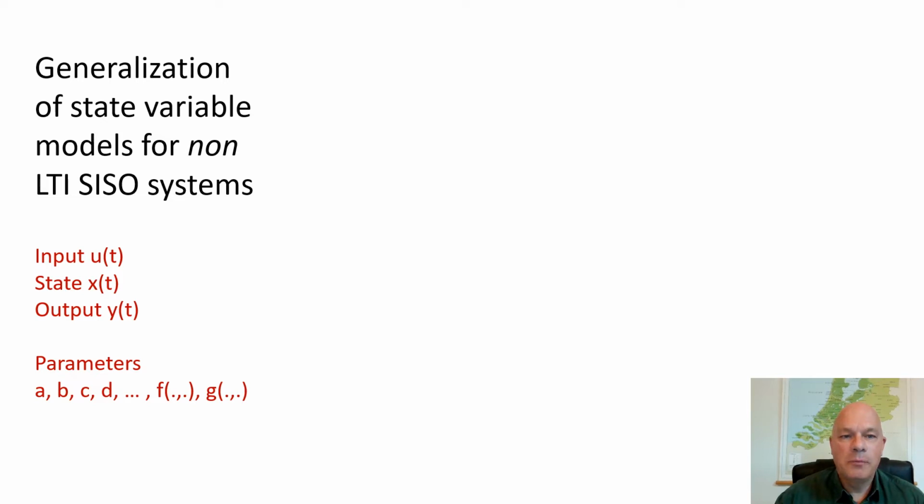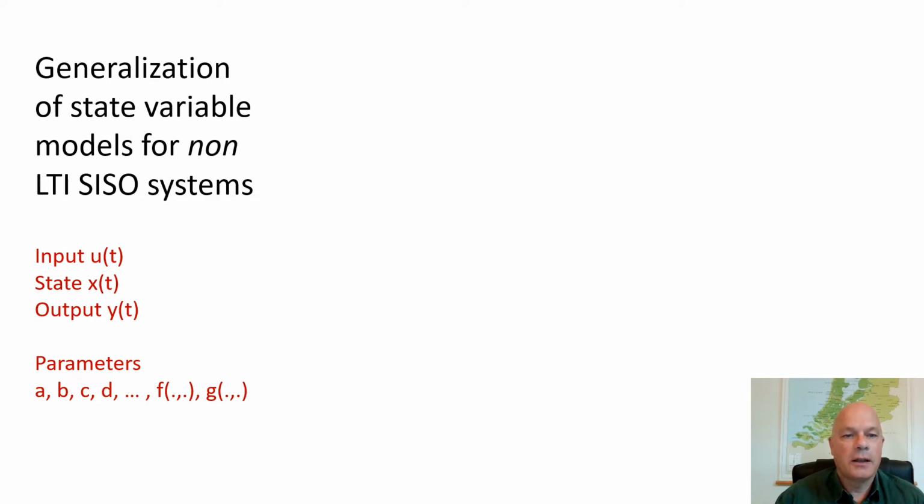Now, this simple state equation and output equation can be generalized, because in the case of the Jeffrey example, this first set of equations was linear and time invariant and single input, single output.